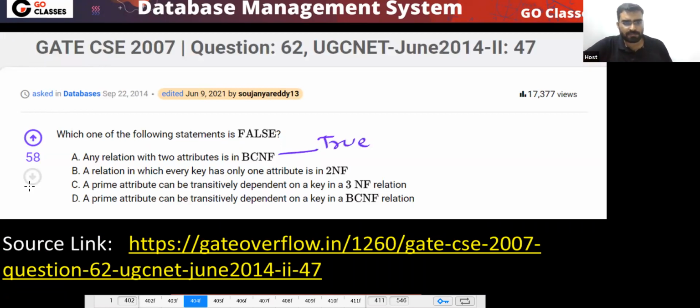What about the second? A relation in which every key has only one attribute. Key means what? Key means candidate key.